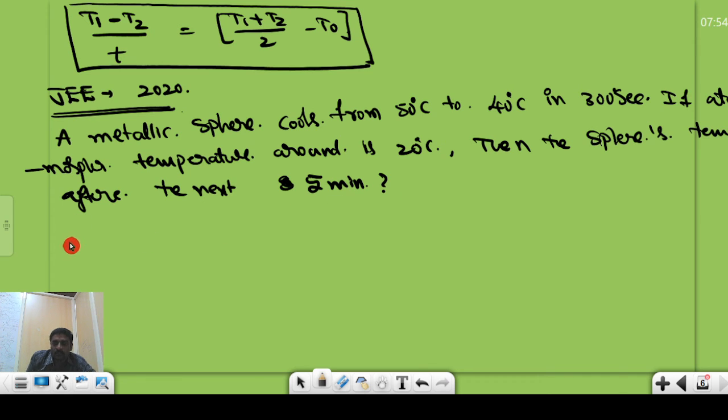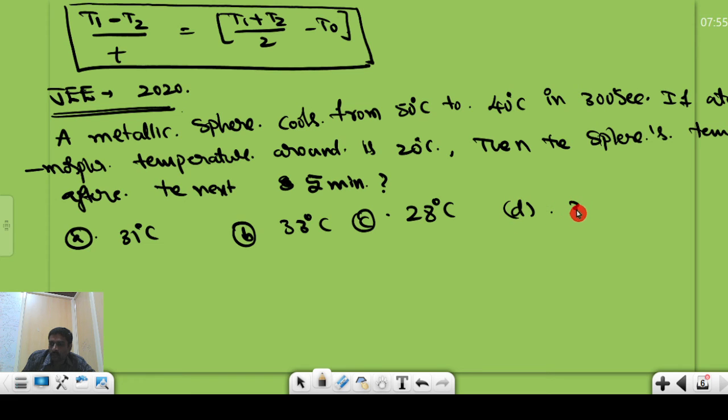Options are also provided: option A is 31 degrees centigrade, option B is 33 degrees centigrade, option C is 28 degrees centigrade, option D is 35 degrees centigrade. This is the formula.